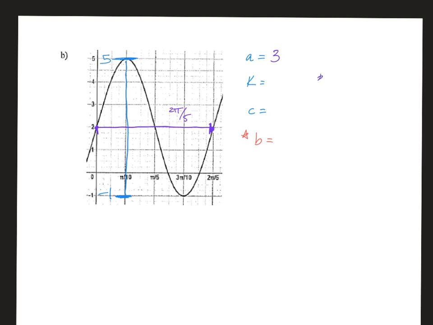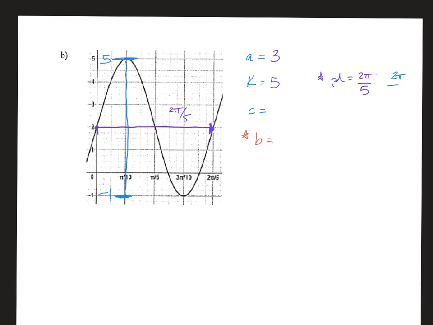I know then that my period is 2 pi by 5. So maybe we look at it as a horizontal stretch and we say my normal period is 2 pi. So to get a period of 2 pi by 5, I need to divide that by 5. And therefore, my K value needs to be 5.